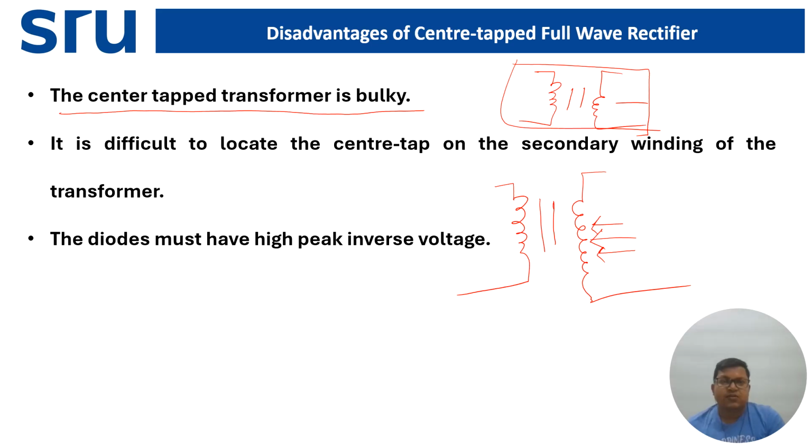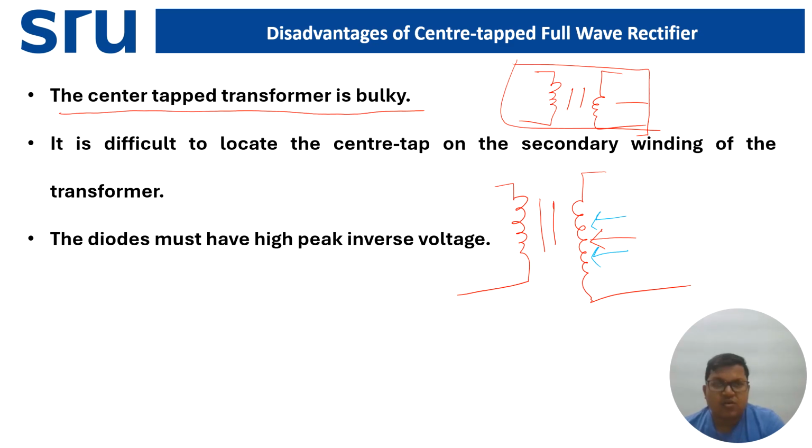It is really hard to understand which point is the center tap. You may think this could be the center tap, or that this could be the center tap, but this keeps us guessing which is the exact center tap because of the counting issue.